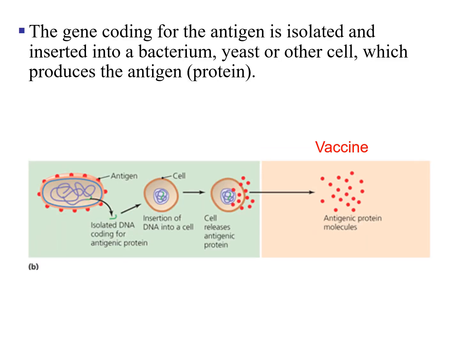The gene coding for the antigen is isolated and inserted into a bacterium. This bacterium, using its enzymes, will then produce the product from that gene. That product is mRNA, which then turns into protein.